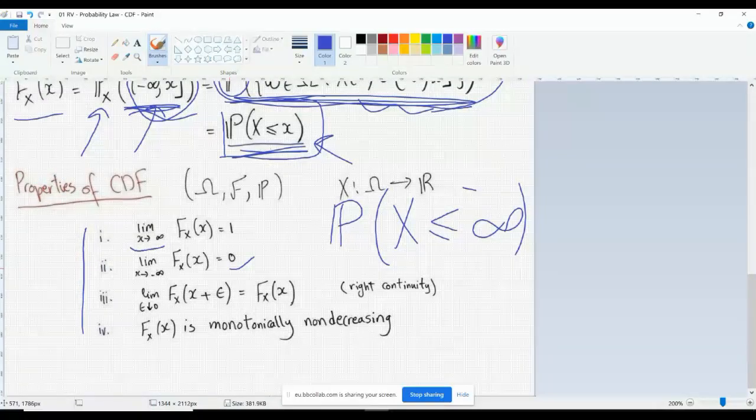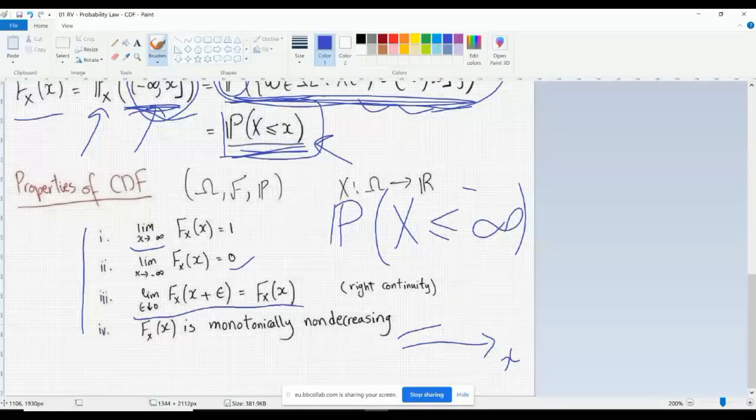Now for the next property, the CDF is right continuous. As a function, it is a right continuous function. What is the meaning of a right continuous function? The CDF as a function may be discontinuous at one point or more. So this is x, and the CDF is not necessarily a continuous function.